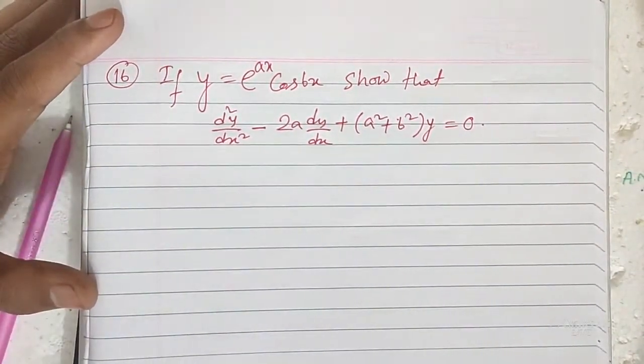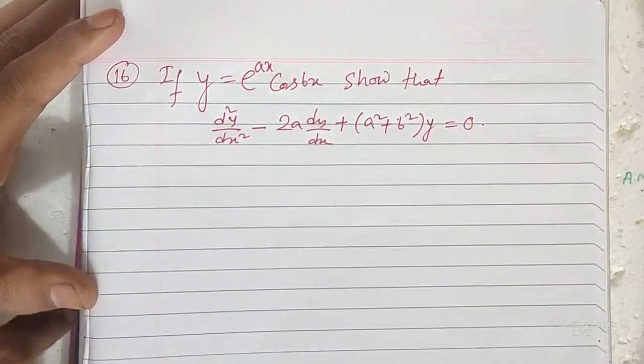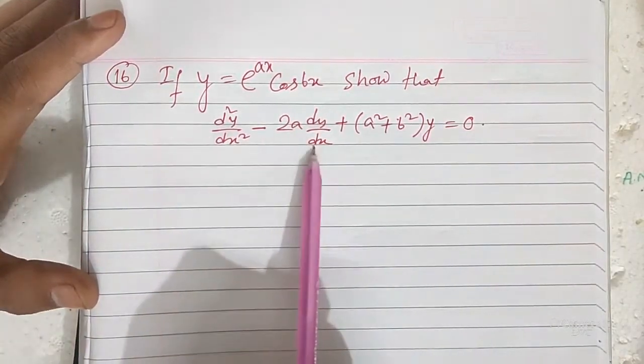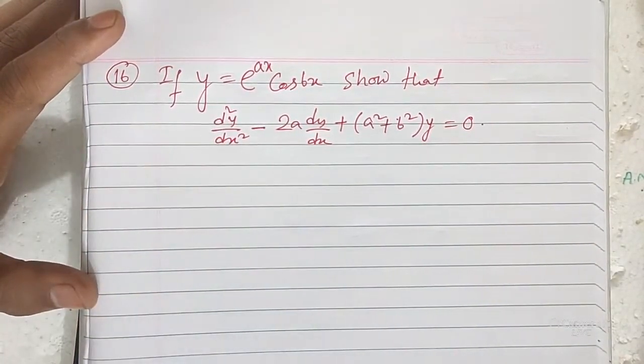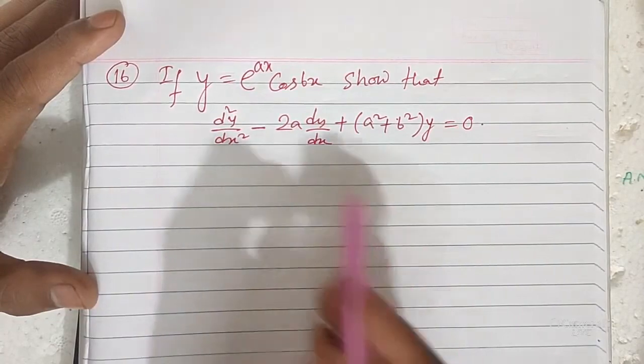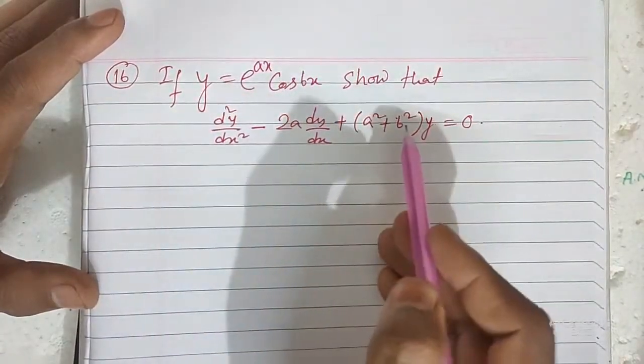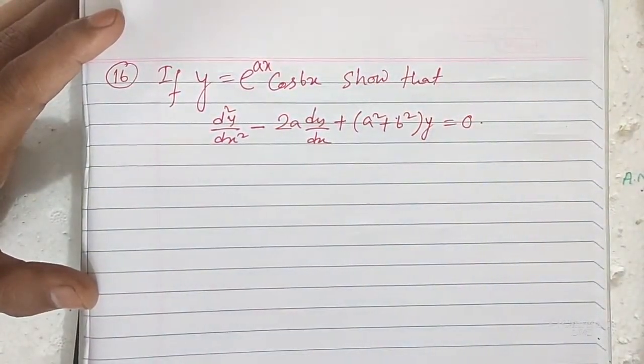Now see, in this question, first we have to find dy by dx, then we have to find d2y by dx2, and then we have to put the values in this LHS, and we have to check whether 0 is coming or not.